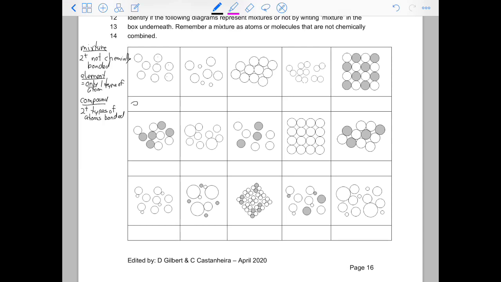So this one here is an element. If I go down, I can see that there are two types of atoms. So there's the gray one and the white one, so it can't be an element. But if I look and see, they're all bonded together in the same way. And so they are bonded together, but it's still only one type of molecule. So this one is a compound.